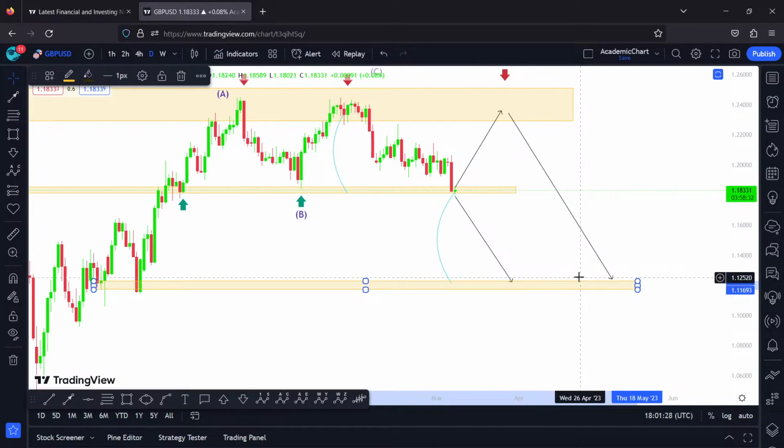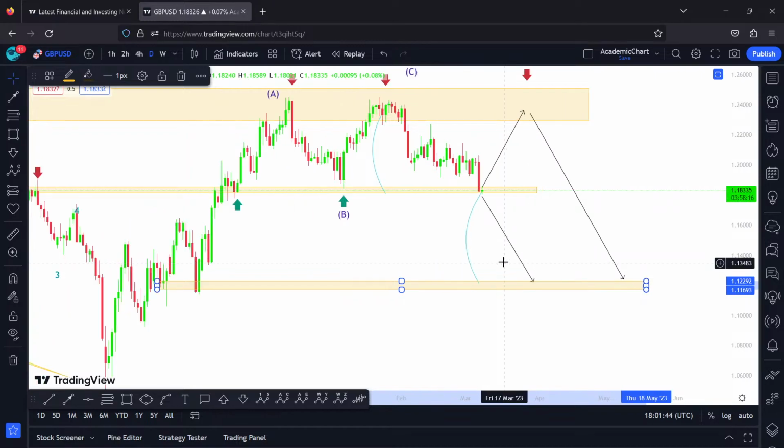So that news, of course, is valid because we're seeing exactly what it described. But it seems that bearish momentum is going to continue according to the six or seven reasons or indications that I showed you.